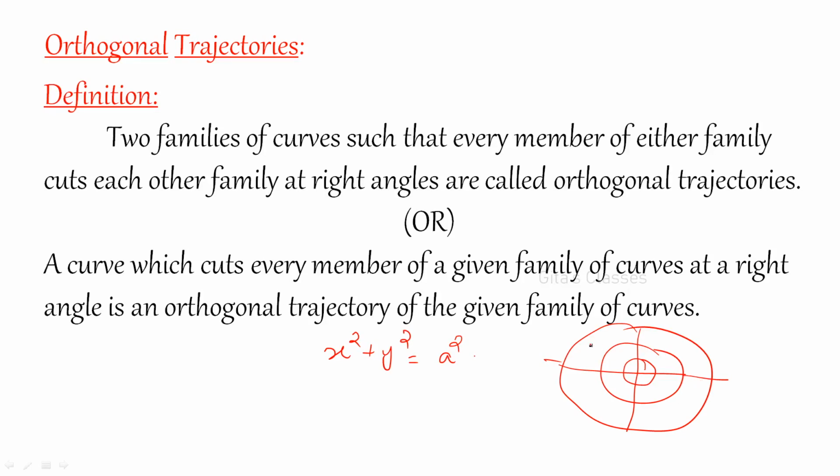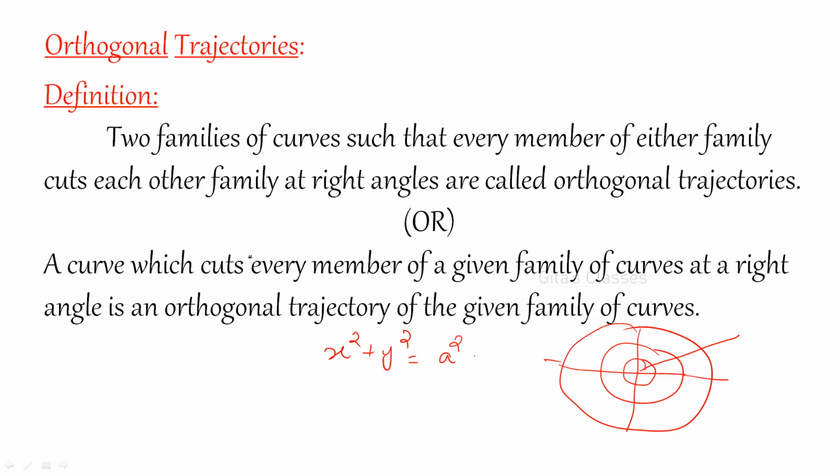If you can find an equation of one line which intersects all the members of this family orthogonally, orthogonally means at right angle. If it meets at right angle, then this line is called an orthogonal trajectory.